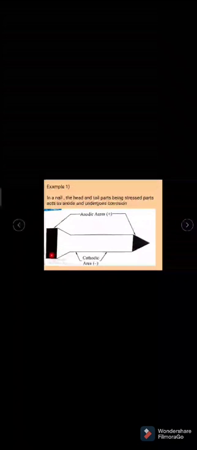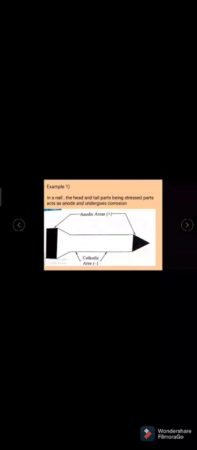For the examples we have discussed, that is the stressed parts of bolts or nails, when we observe the nail, the head and tail parts are stressed parts. The middle part is an unstressed part. Then the stressed part acts as anode and the unstressed part of the metal acts as cathode.